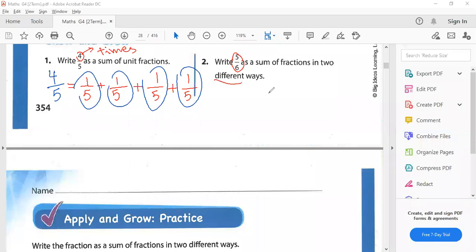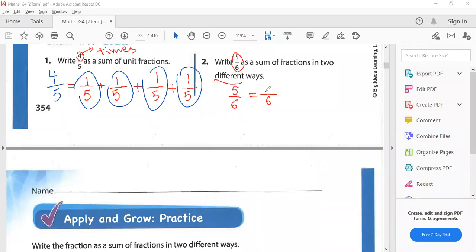Just say what you need to write down. Write 5 over 6.